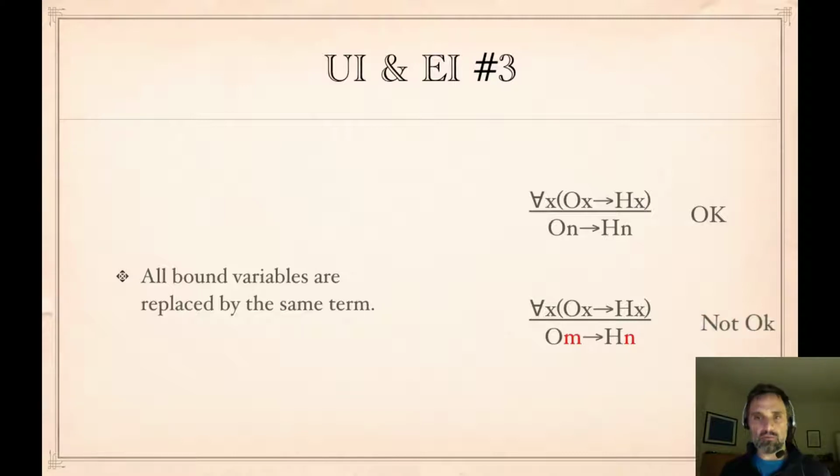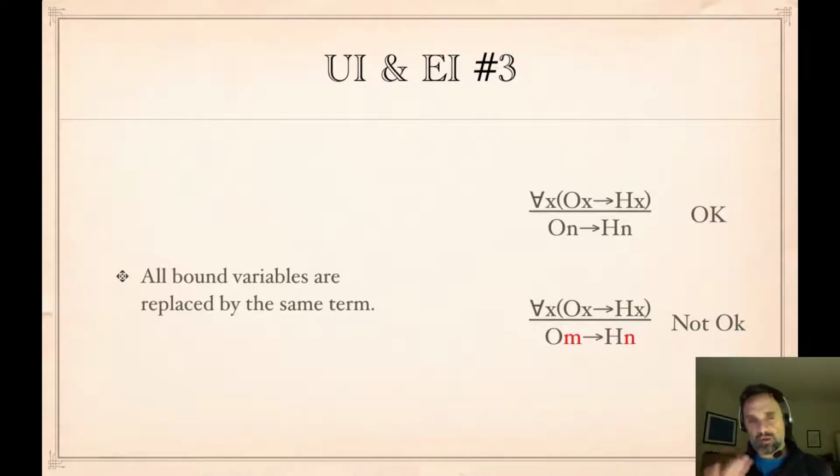And that's not okay, because, as with UI restriction number one, and the same for EI, the premise says of each thing that if it is an ostrich, then that very same thing is also honorable. But this conclusion says if one thing is an ostrich, Mary, then a possibly different thing, Nancy, is honorable. The premise doesn't tell us that, and so we don't want to infer that.